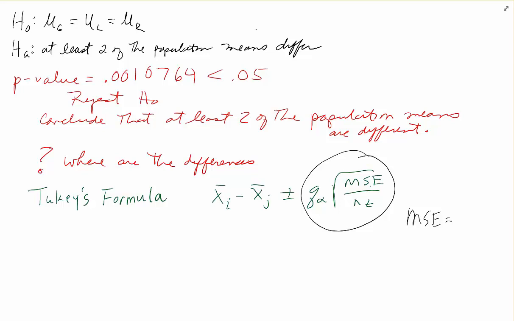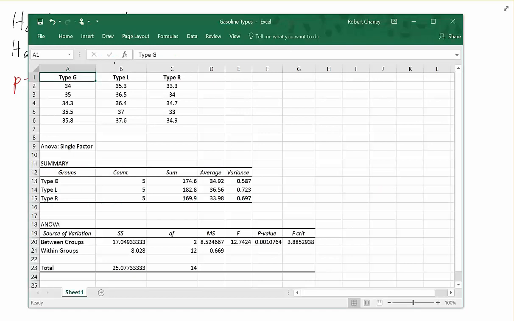And we can get MSE from the ANOVA table. So we can see that MSE is going to be 0.669. So MSE equals 0.669.